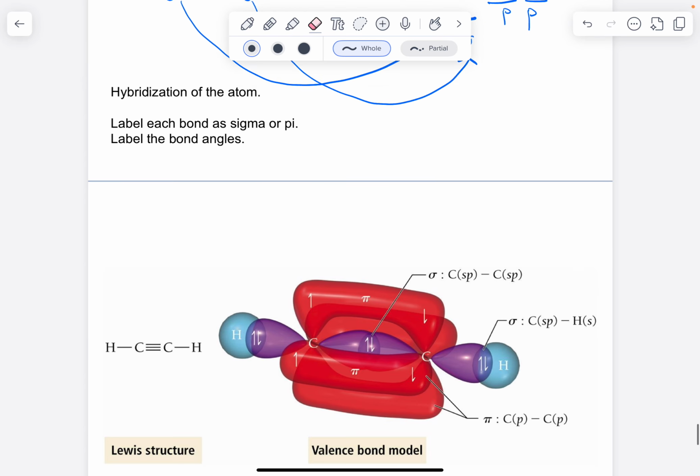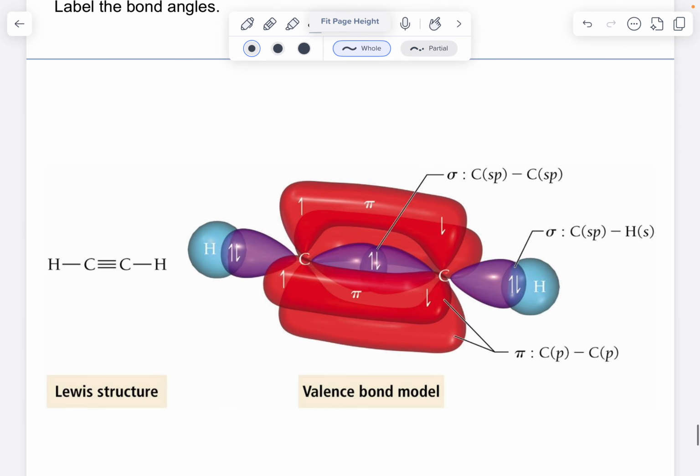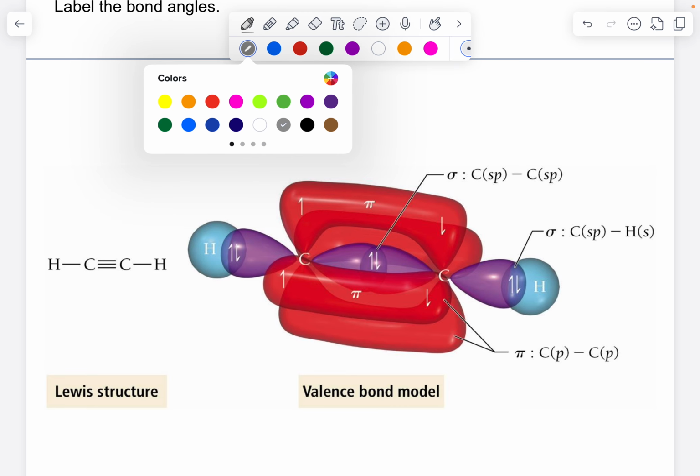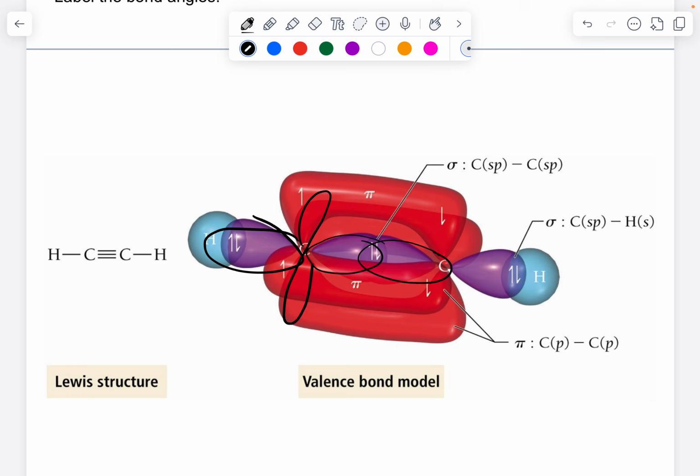Okay, so this is a depiction of that that's maybe in some ways a little bit clearer. So you have, use black. Okay, so you have the sigma bond between the carbon and hydrogen. You have the sigma bond between the carbon and carbon. And then you have the pi bond between this carbon and that carbon.